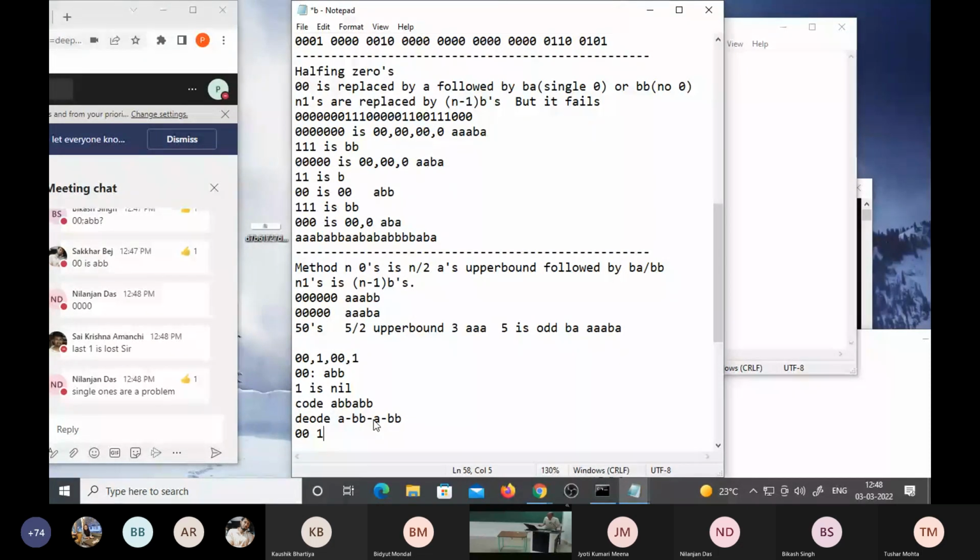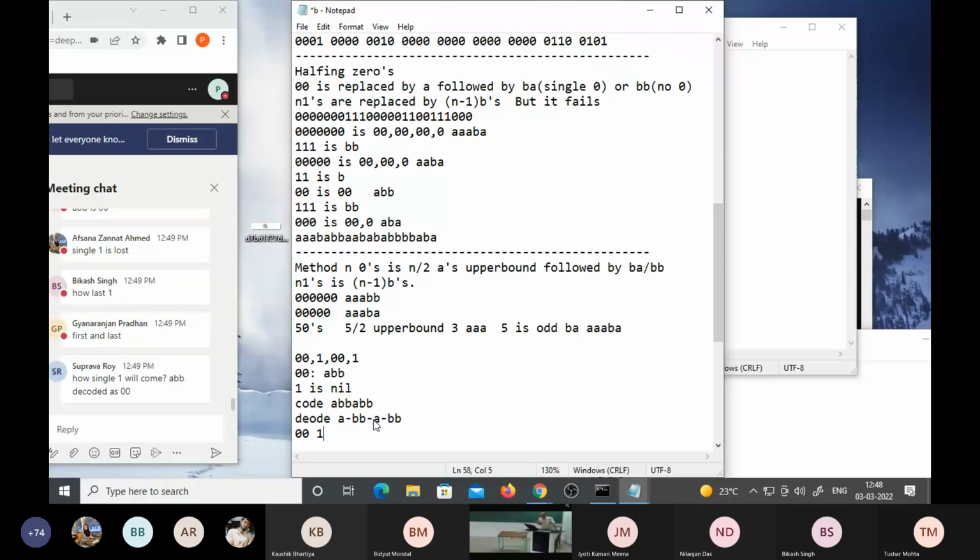Any doubt now? That is correct. Sai Krishna has written, yes, last one is lost. Fine, assuming that there is no one at the last also. How is it lost? It is not lost. Yes, assuming that there are no ones in the beginning and at the last. Is it correct?